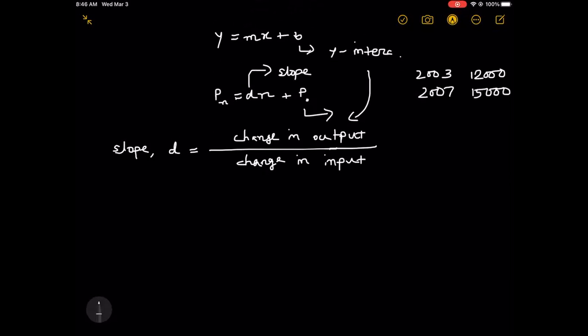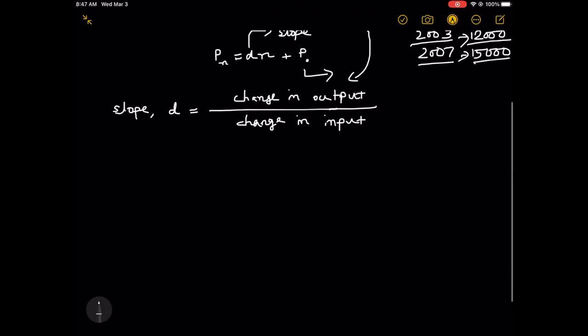So if you want to graph or visualize things for these values, we have corresponding values of this. That means we can say that the values in year is our input and the population is our output, because you can graph it this way, right?